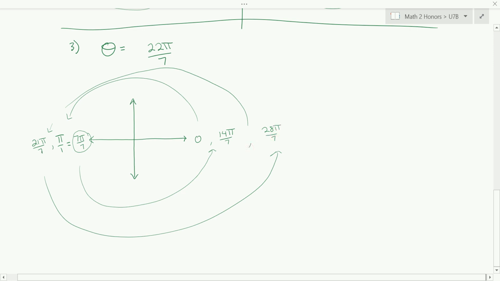And so now I can say, okay, 22 pi over 7 is between 21 pi over 7 and 28 pi over 7. And it's closer to 21, so we know it's going to be somewhere in quadrant 3. Okay. And we got our standard position.